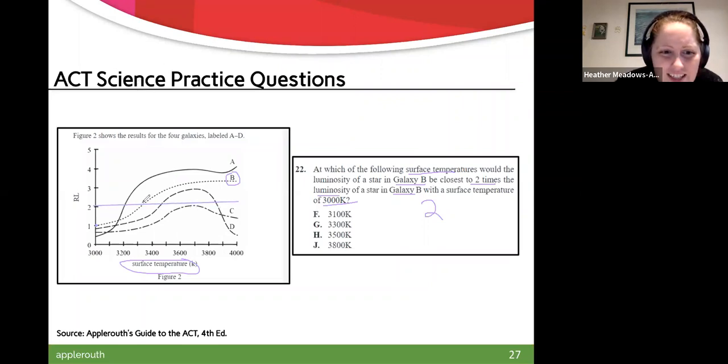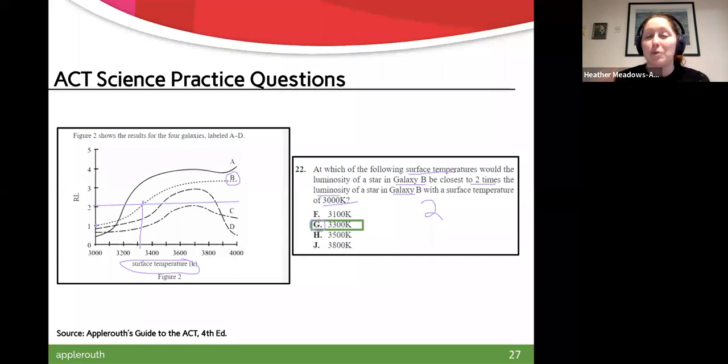And I see about right here. Well, I'd call that about 3300-ish. So it's going to be G. And again, I have no idea what these temperatures are or anything like that. The fact that we don't need any of that shows you how you don't need the background knowledge here. You just need to be able to read the questions and match the words with the graphs and charts you see.